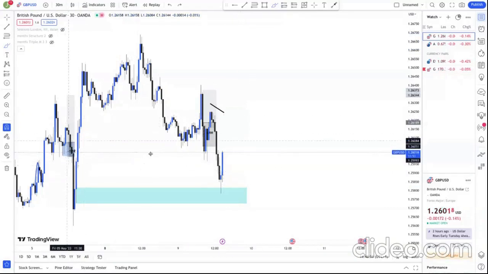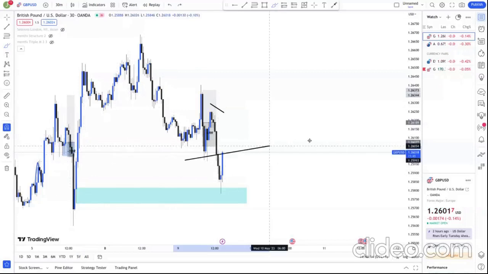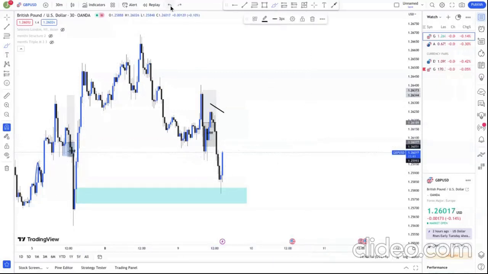Okay, so if you look at my charts, you can notice the variation in time between the trades I take. Sorry about that. Let's get this brush tool off.